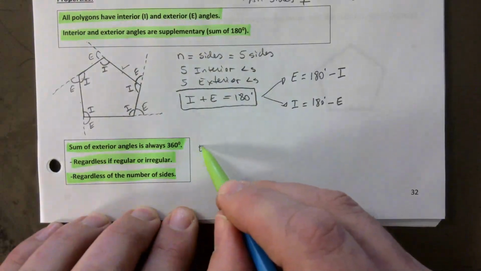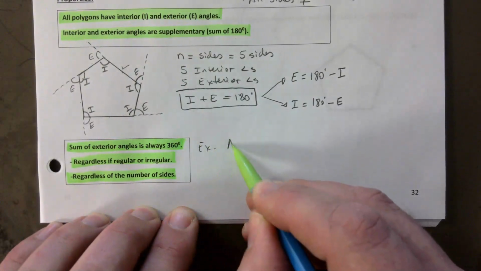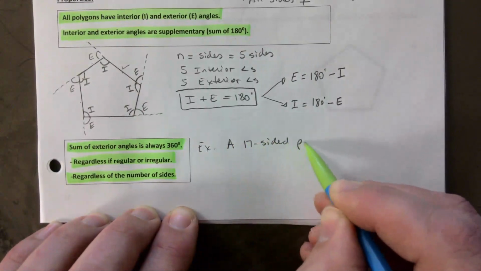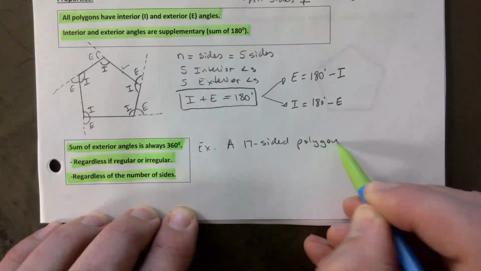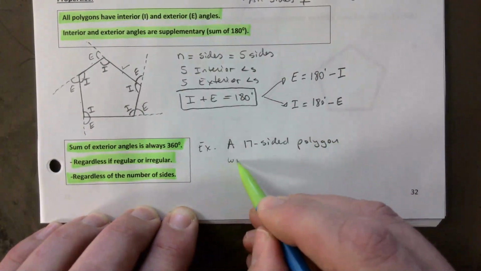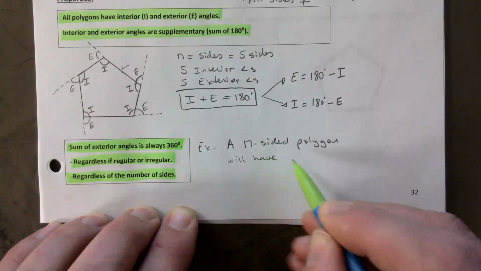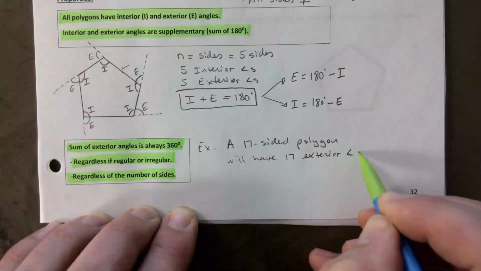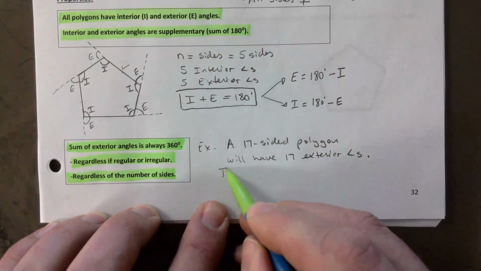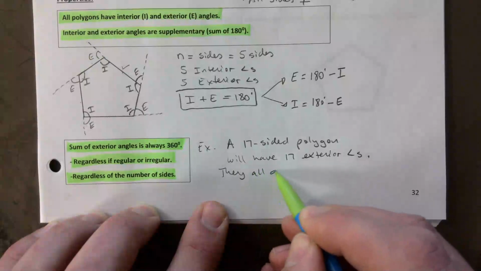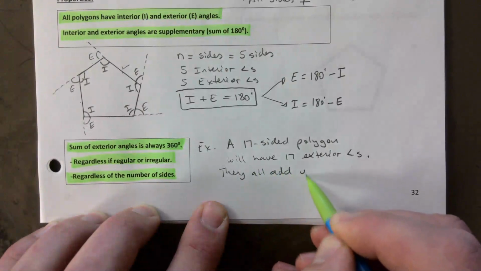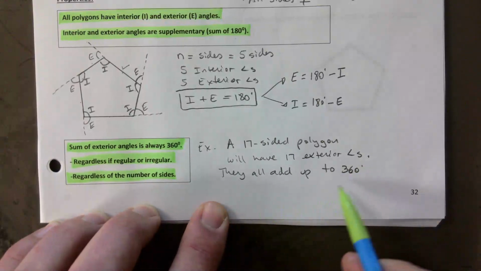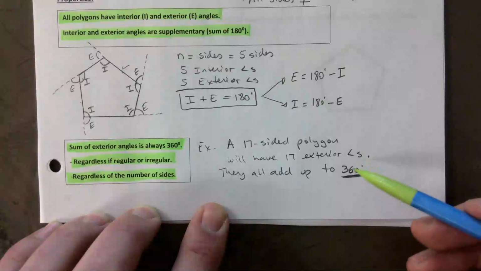So, example, a 17-sided polygon will have 17 exterior angles. They all add up to 360. Okay, that's a cool property.